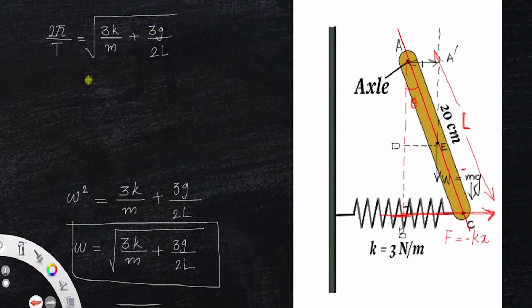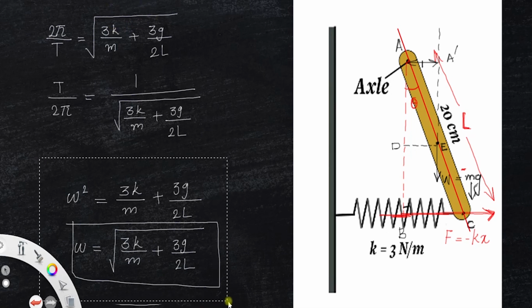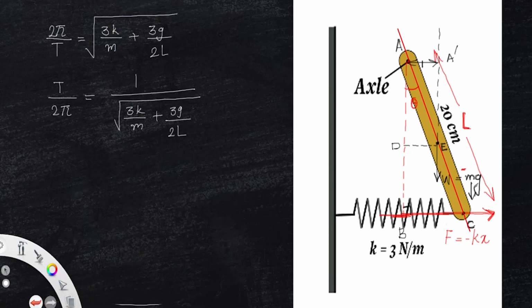Taking the reciprocals on both sides, you have T/2π is equal to 1 divided by root of 3k/M plus 3g/2L. So the final expression for time period T will be 2π root of 1 over 3k/M plus 3g/2L. Clear?